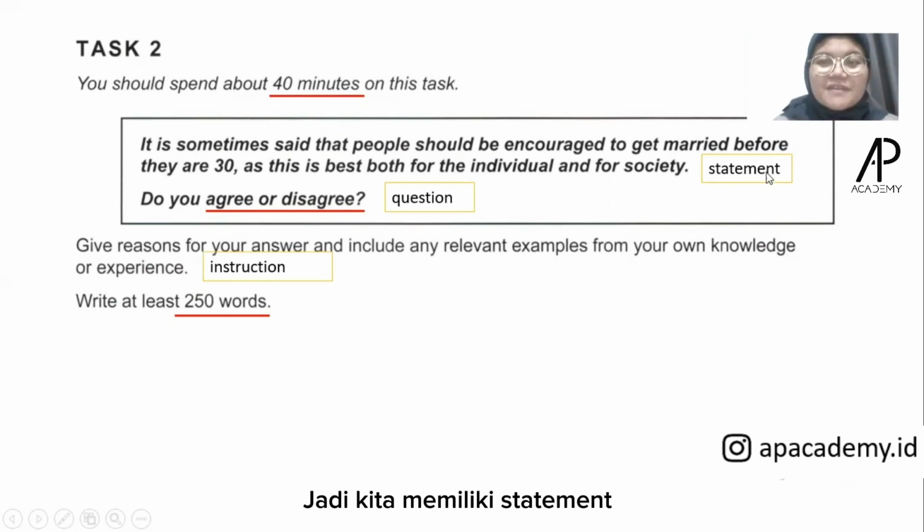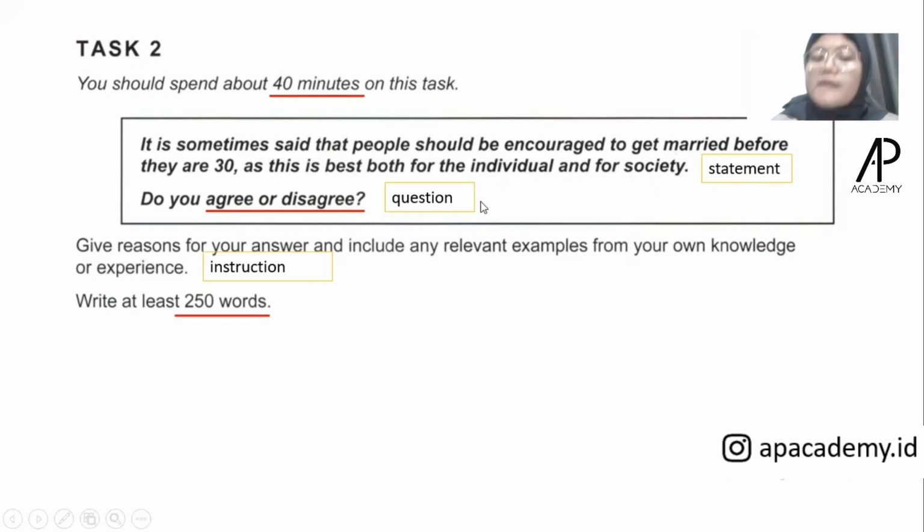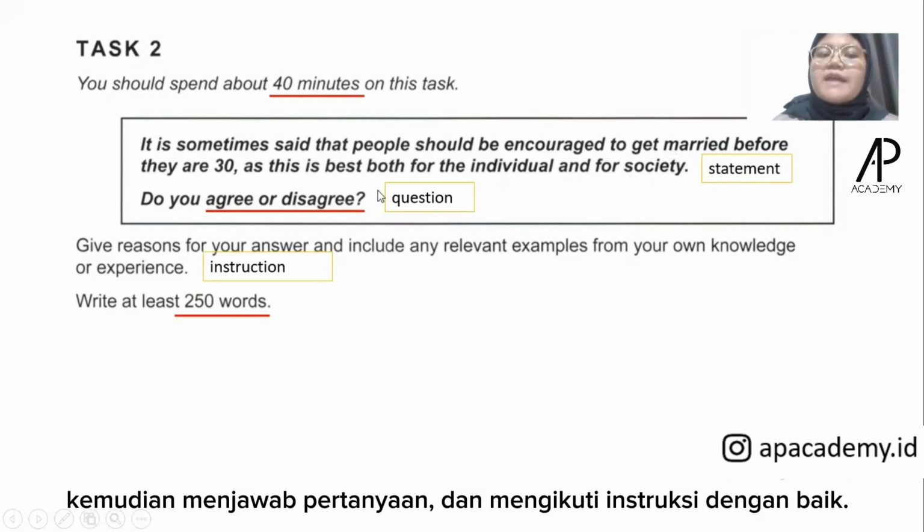Okay, so we have the statement, the question, and the instruction. You have to bear in mind that to be a successful IELTS writer, you have to be able to understand the statement first, and then you have to be able to answer the question, and you have to be able to follow the instruction.